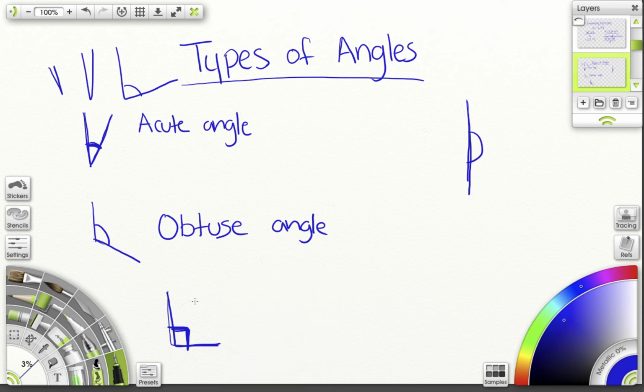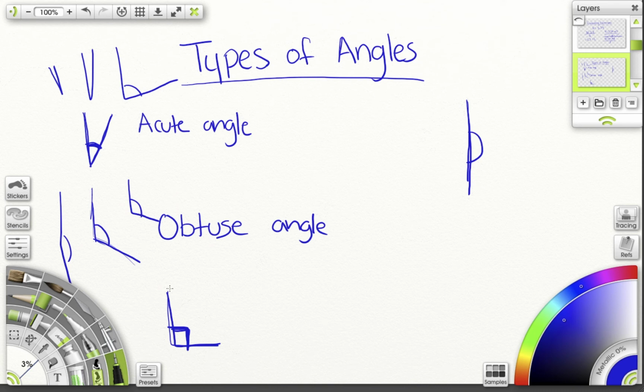This one is wider than that. So it can go like this, it can go like that, it can go just a little bit wider like this, but that's an obtuse angle. The way to remember obtuse is that obtuse sounds like obese. Obese is really big, so it's a really big wide angle.